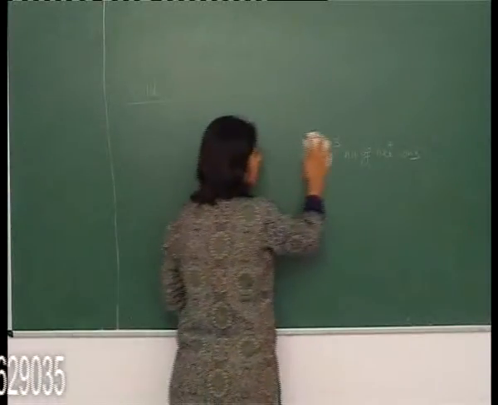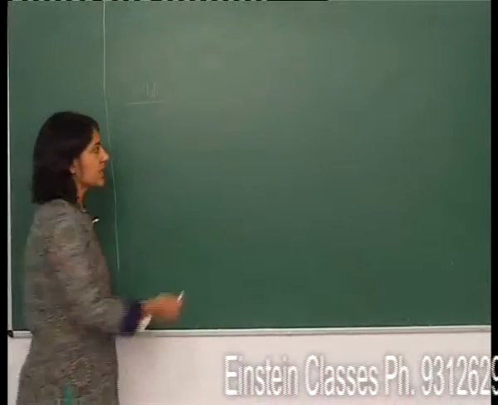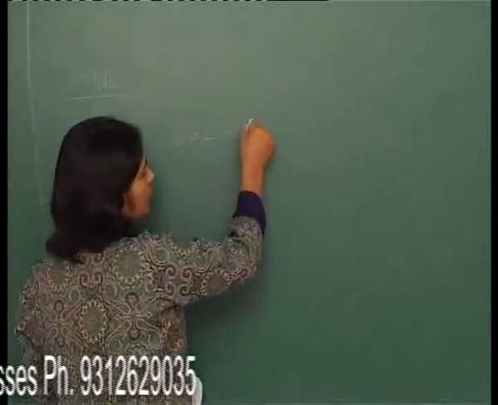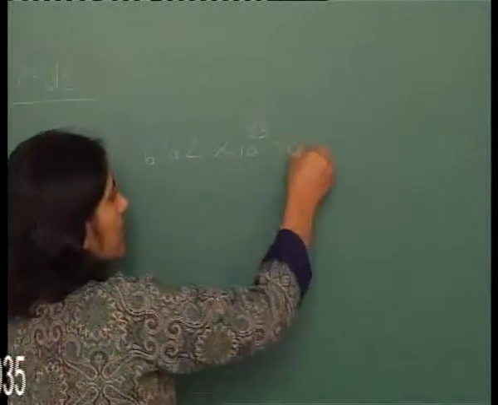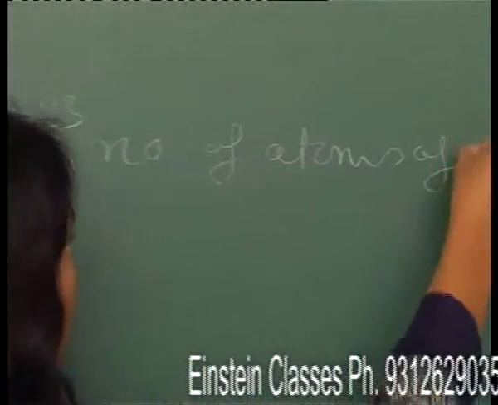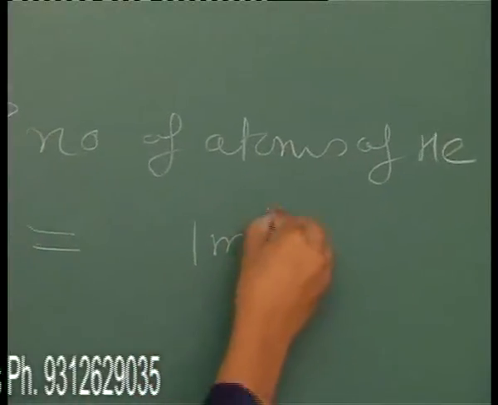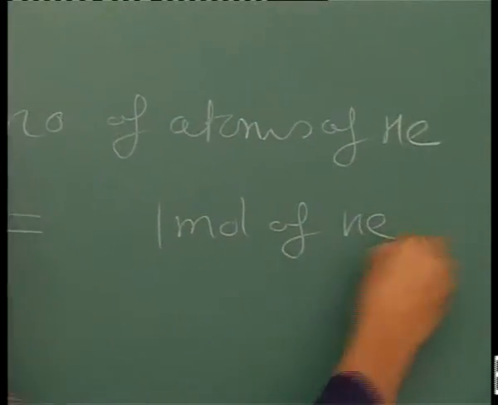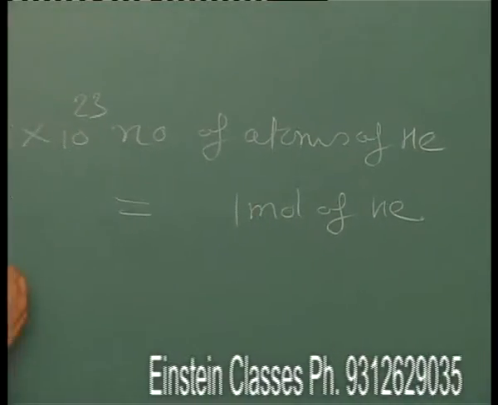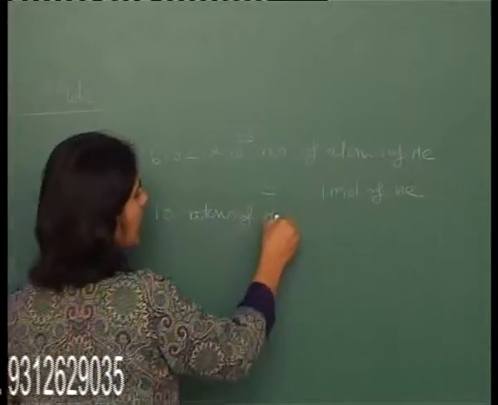If we know the number, then we can measure the thing in terms of moles also. Like if 6.02 × 10^23 atoms of helium are present in a container, then it is 1 mole of helium. So if in a container there are 10 atoms of helium, how many moles are there?